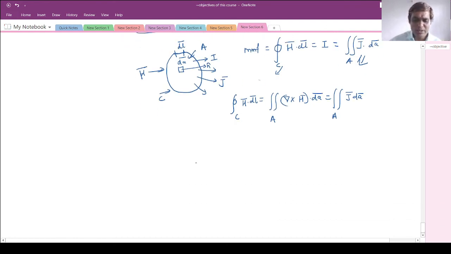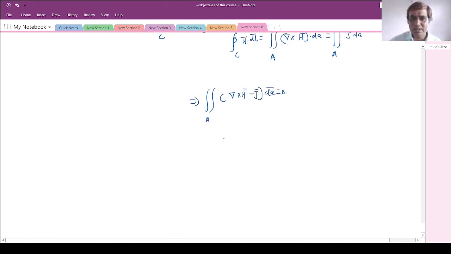Now I shift everything to the left-hand side, so it will be curl of H minus J bar dot dA bar equals 0, and this is true for any arbitrary area. If that is the case, then I can write that the curl of the magnetic field strength will be equal to the electrical current density.